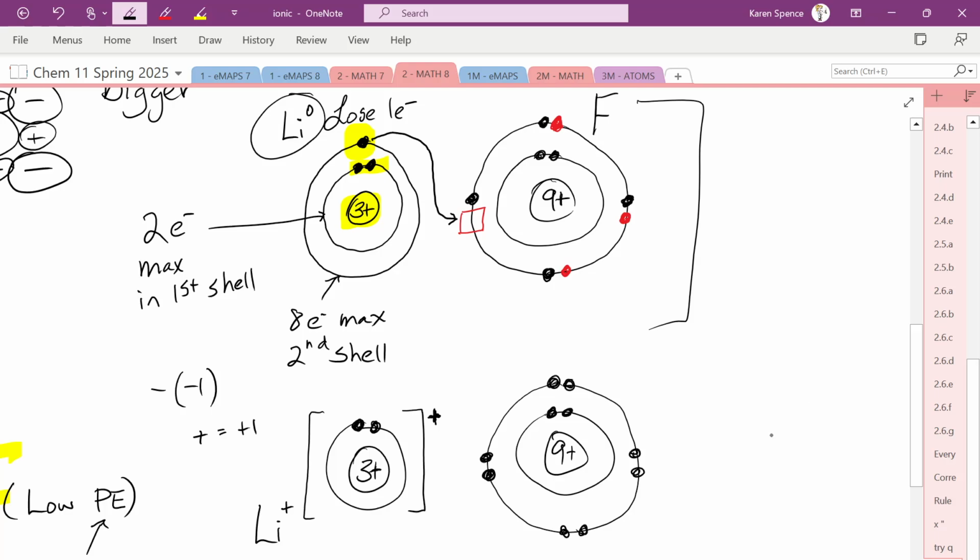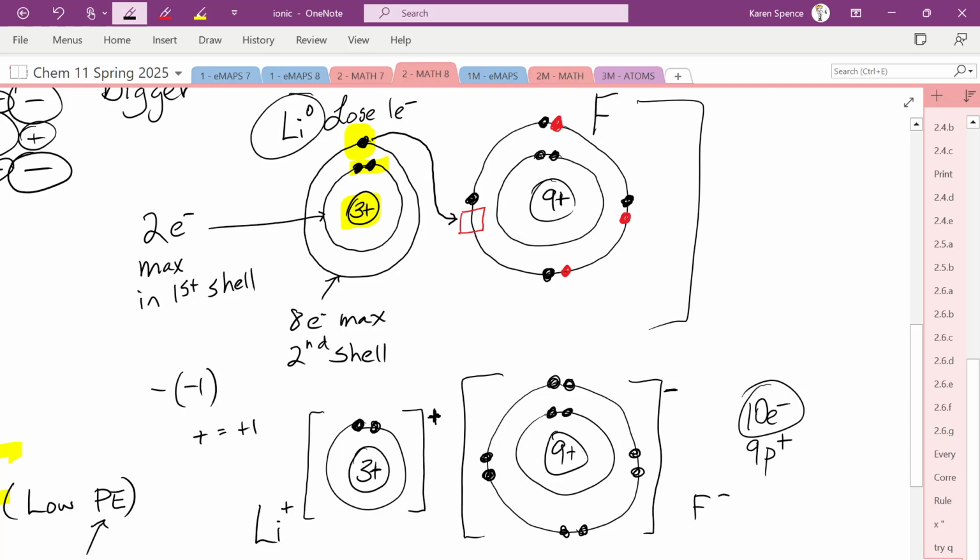How many electrons do we have? We now have 10 electrons, but we still have 9 protons. So what is the charge of our fluorine? Fluorine is now negative. We've got 1 more negative than we do positive. Okay, so this is F minus.